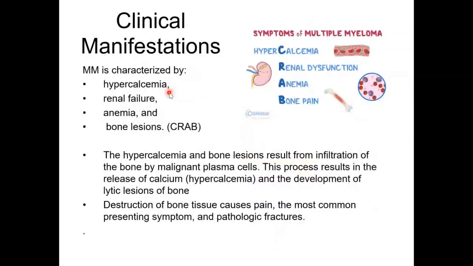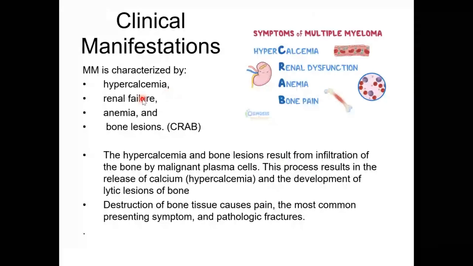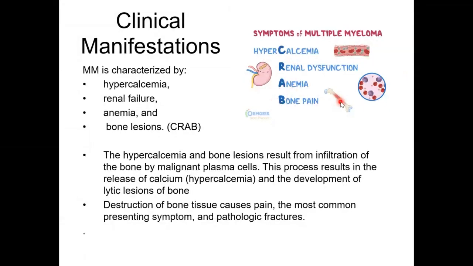Hypercalcemia. M proteins clog up the kidneys, and they become anemic. Symptoms of multiple myeloma: hypercalcemia, renal dysfunction, anemia, bone pain.